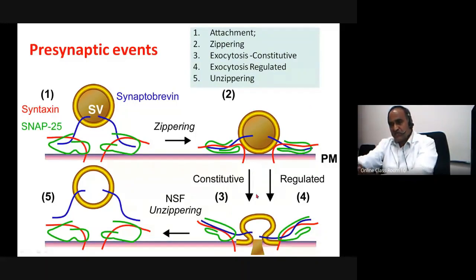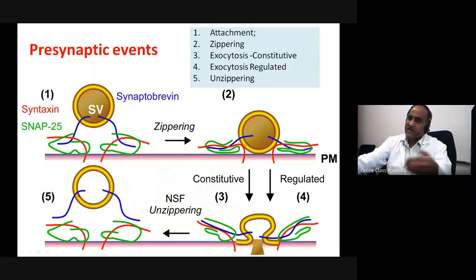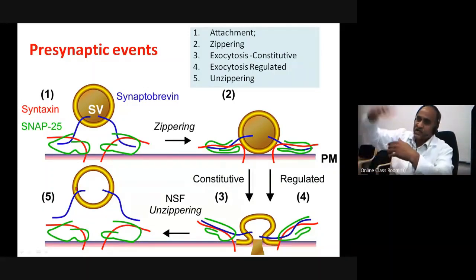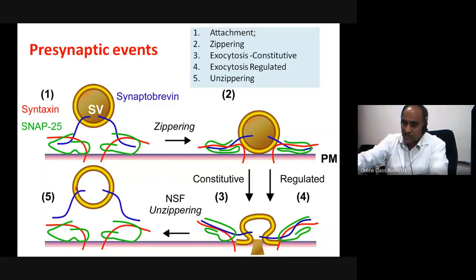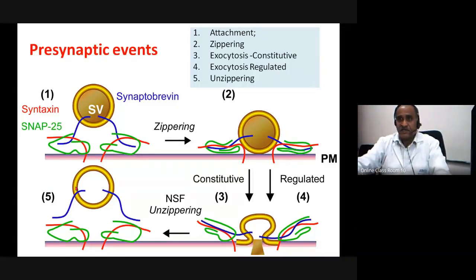This exocytosis is brought about by the inherent or constitutive mechanism and the regulated mechanisms. They release the contents, then this is set back, and that will again be translocated and fuse with the endosome, and then again a new vesicle is formed, and that vesicle is again added up with these things. So that cycle continues. That is the entire presynaptic event.